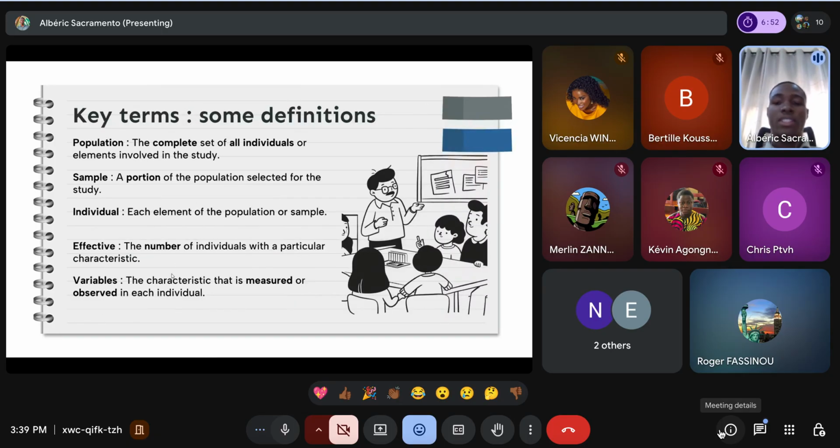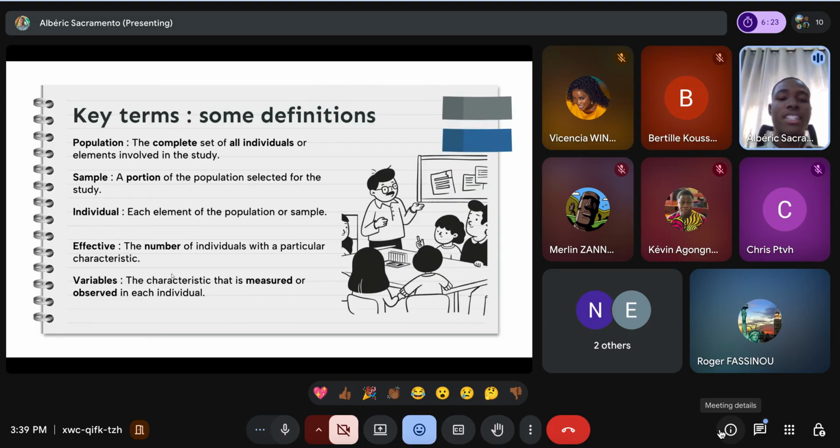I select 5 important words to define: population, sample, individual, effective, and variables. Population means the complete set of all individuals or elements involved in the study. The sample means a portion of the population selected for the study.